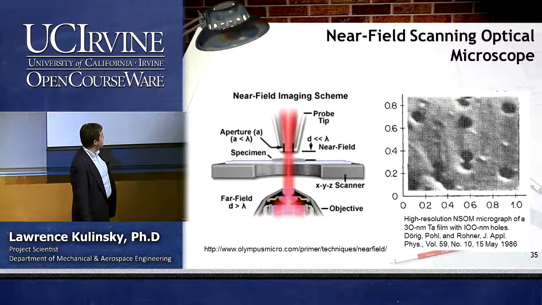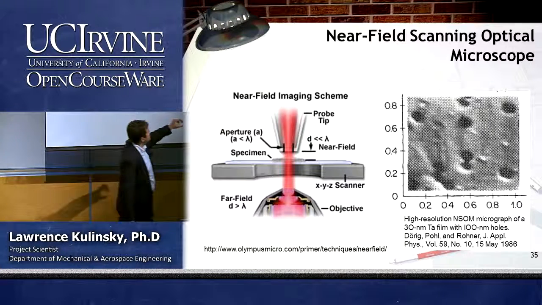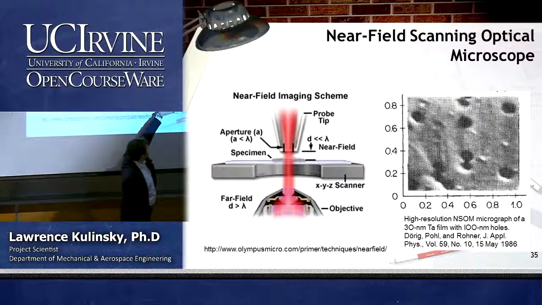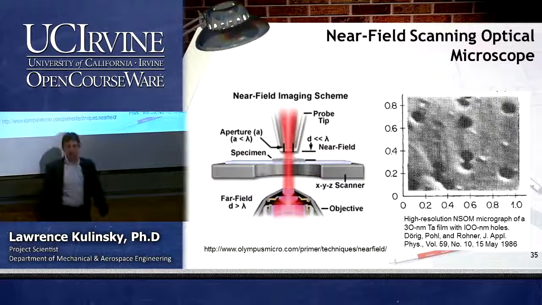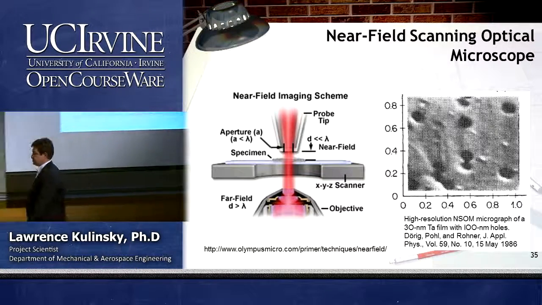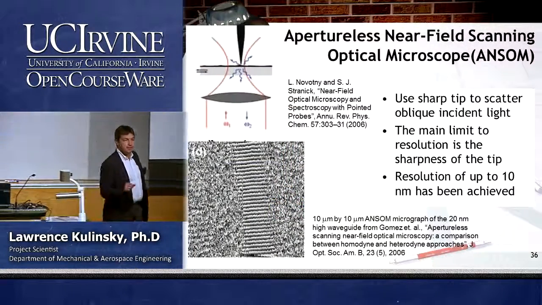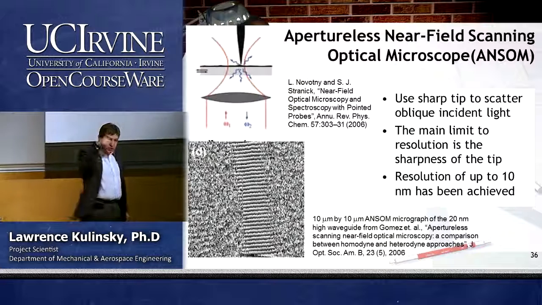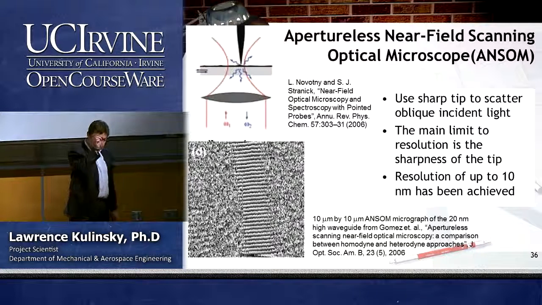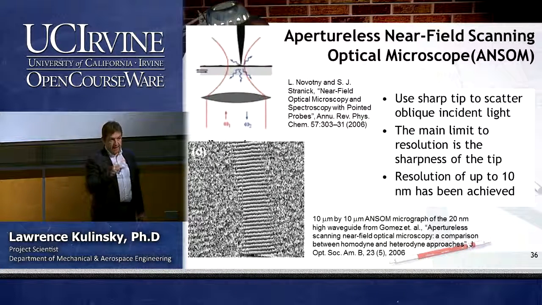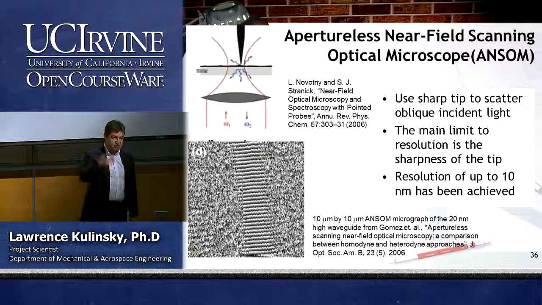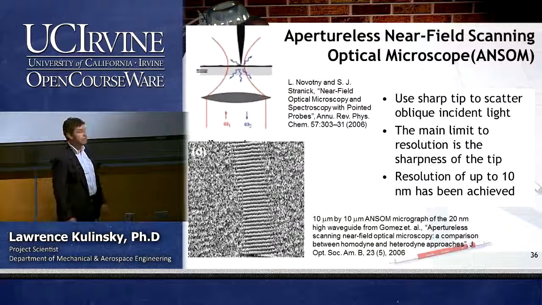So it's a 30 nanometer film, and the holes themselves are 100 nanometers. But the problem is you need to pass light through a very, very thin fiber, and that is a disadvantage because you have very low illumination. The light needs to go through the fiber.